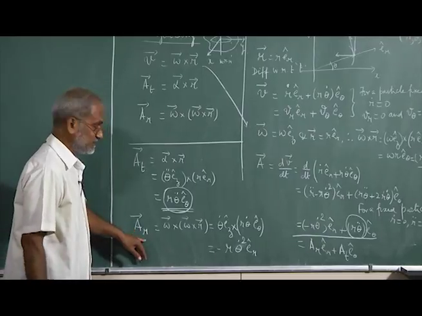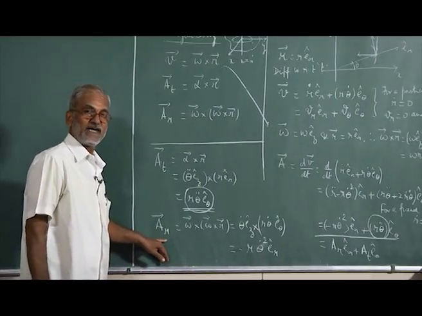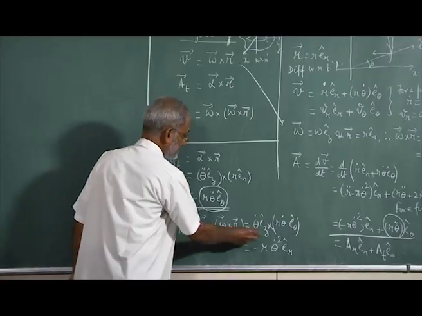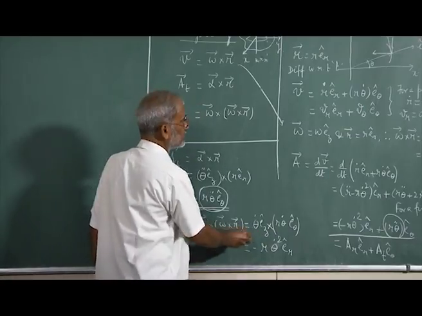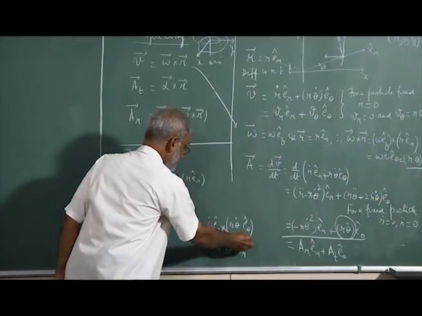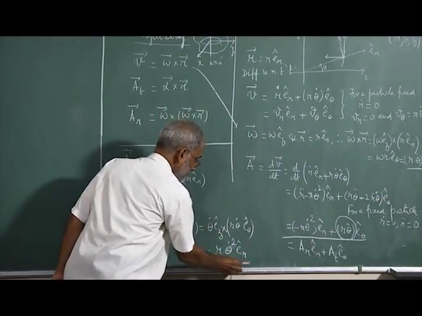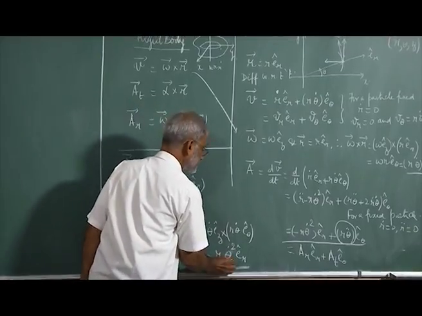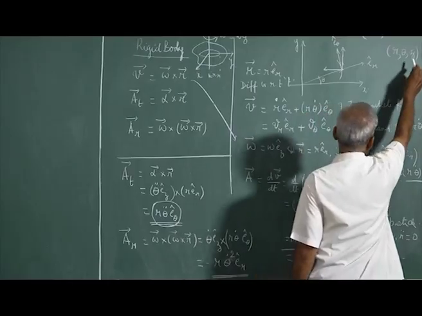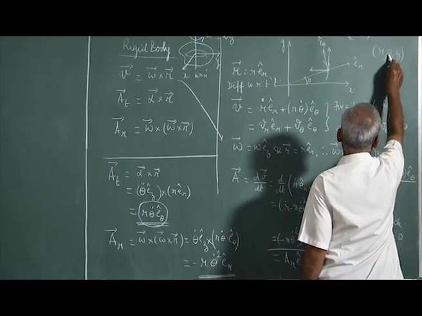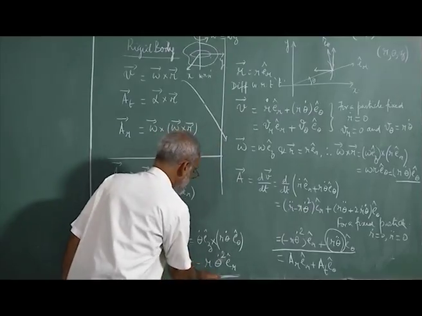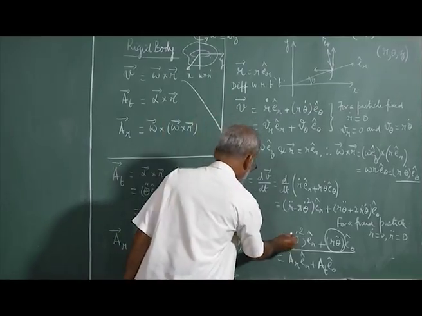Now the radial acceleration looks somewhat complicated, actually not. Omega cross r, omega vector is this quantity and omega cross r vector we already calculated here, so I can put it here, then I will get r theta dot square times Er, which is the same as Ez cross E theta, Ez cross E theta, I am doing it the other way, therefore I should have one minus sign here, therefore this expression is the same as what I have over here.